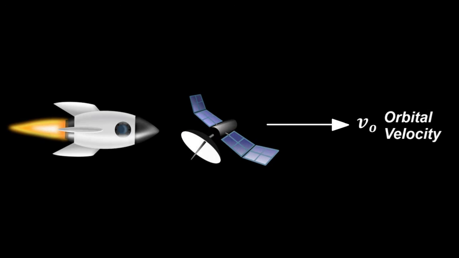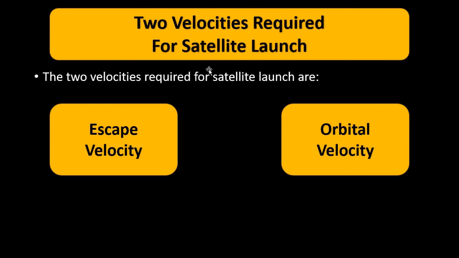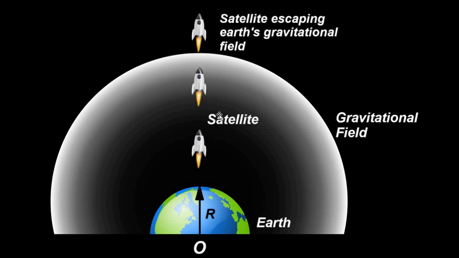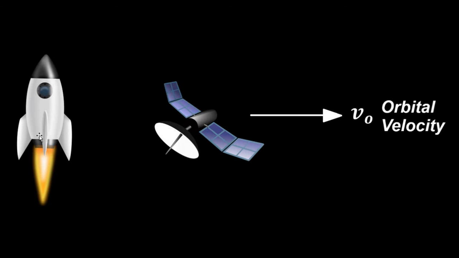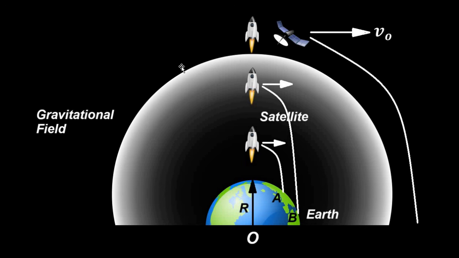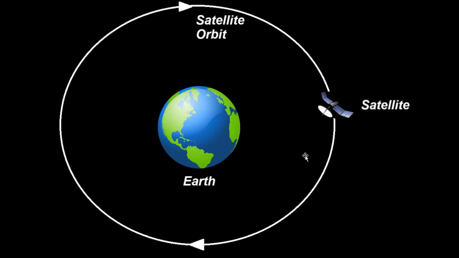Okay, so if we summarize the whole thing, there are two important velocities required for satellite launch: escape velocity, the vertical velocity in the upward direction, which ensures that the rocket carrying the satellite escapes Earth's gravitational field, and the orbital velocity, the horizontal velocity which is given once the satellite escapes Earth's gravitational field, which ensures that it undergoes parabolic motion without hitting the Earth's surface and moves around the Earth in a fixed circular path.